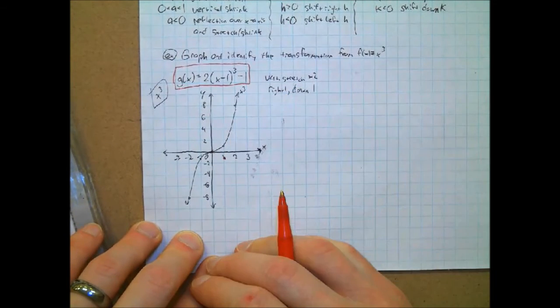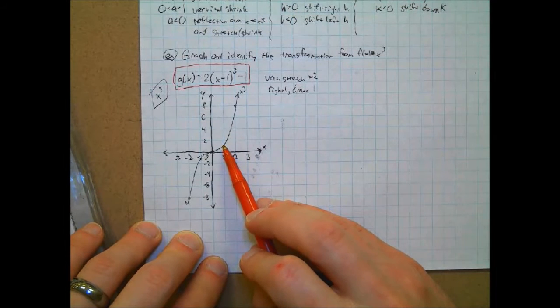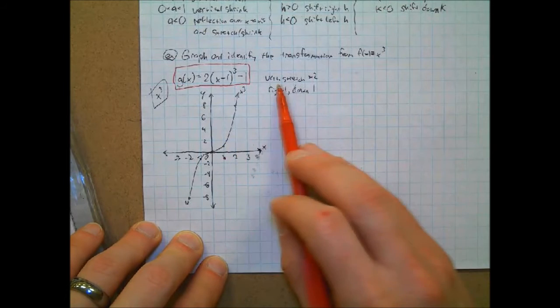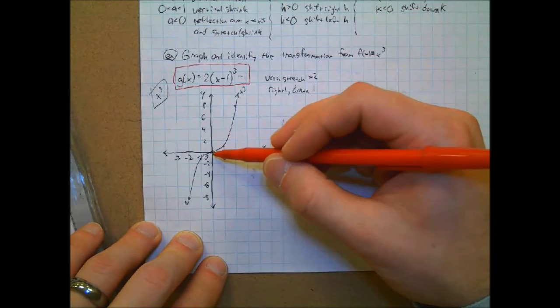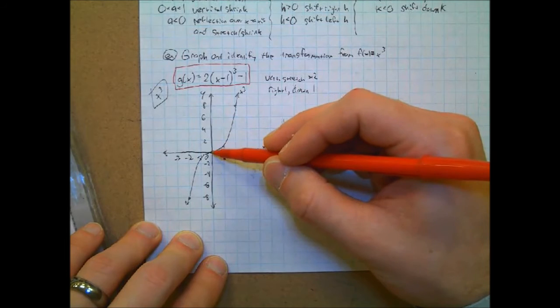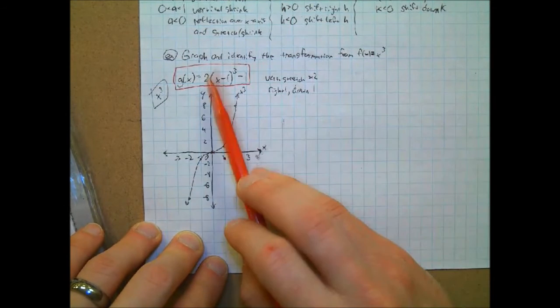Okay? We could do the same thing for this point here, right? We could go right 1, down 1. But the problem is we also have to stretch it by a factor of 2 here. So instead, let's think about it this way. We've shifted our vertex here, okay? And how are these 2 points related in the past? Well, to get from here to here, I could go up 1, right 1. But now I'm going to double.